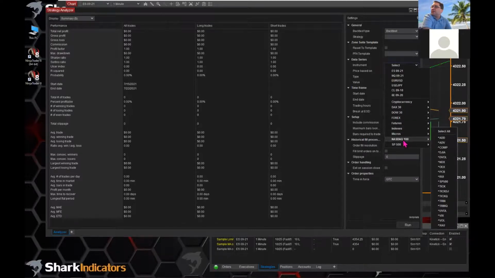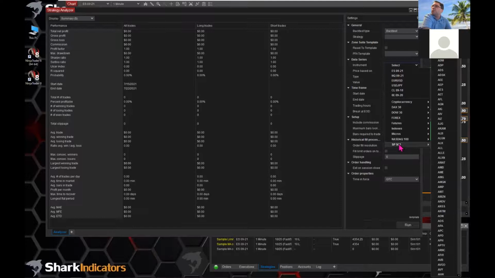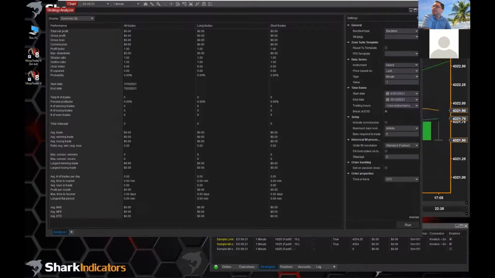Let's see, indexes. All right, if I go to S&P 500, there's select all. So I can select all of those stocks, and now the instrument says S&P 500, so that's selected all the stocks in the S&P 500.